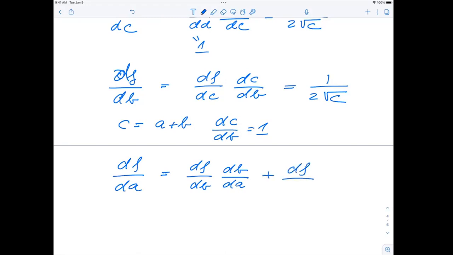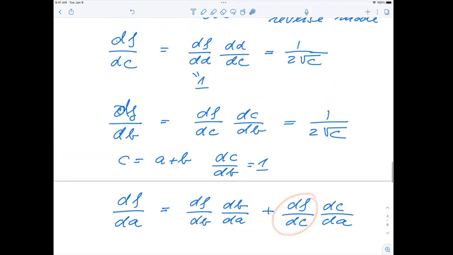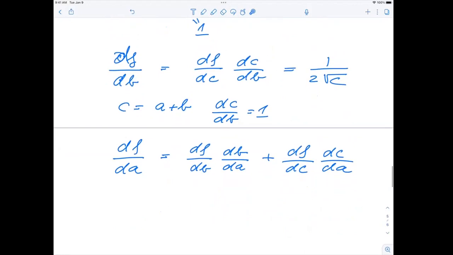So we have df/dc times dc/dA here. So this is just setting up the derivatives using the chain rule. And when we plug things in, we have the expression for this quantity. We also have calculated this quantity here. And then we also know the value of dc with respect to dA, which is just 1, since we have that one here. So we can actually plug this in.